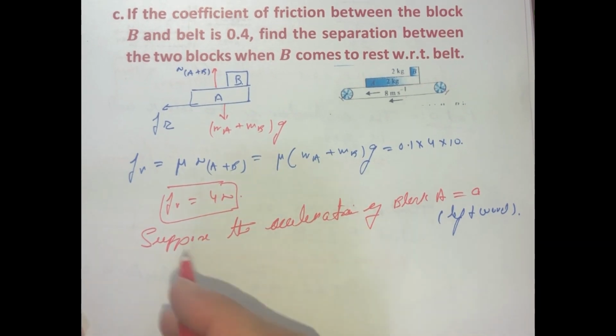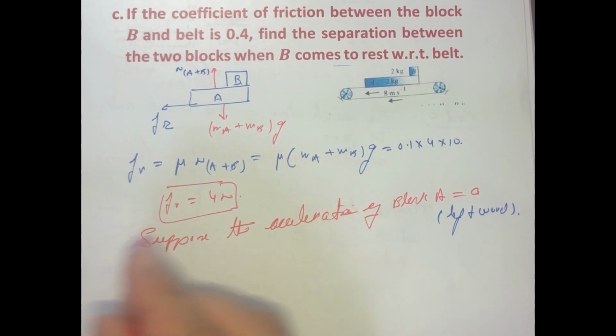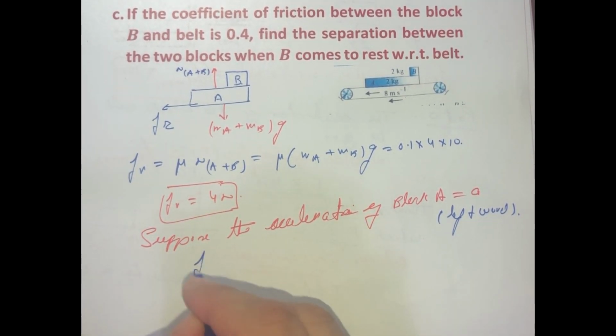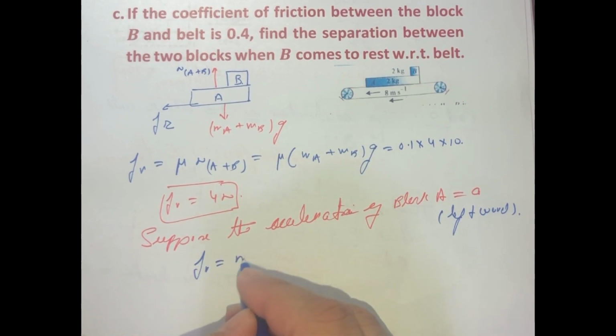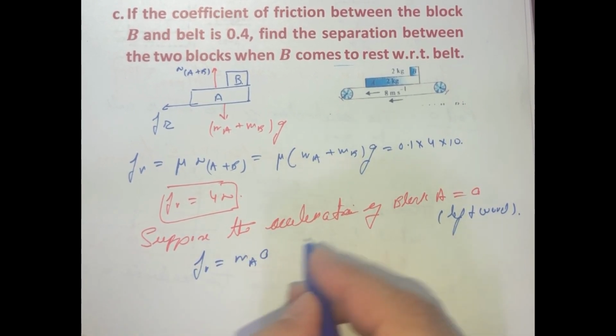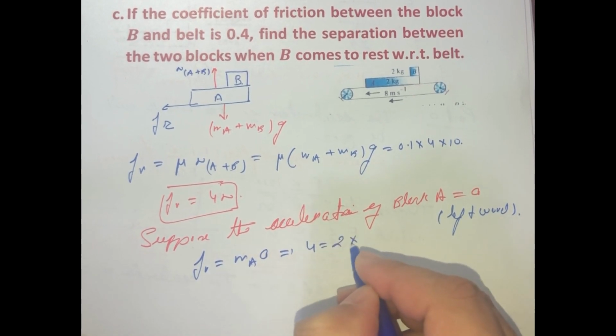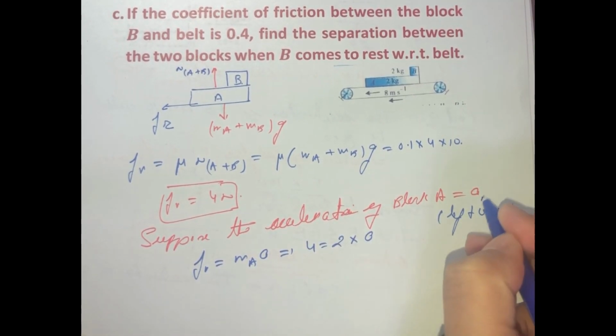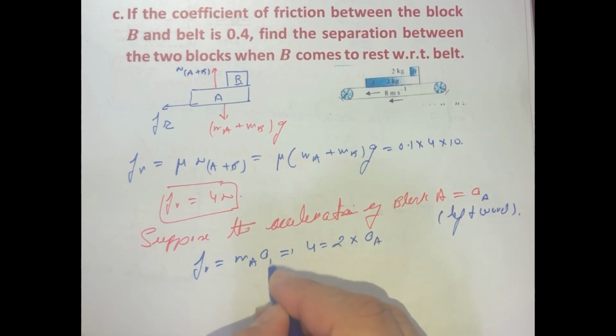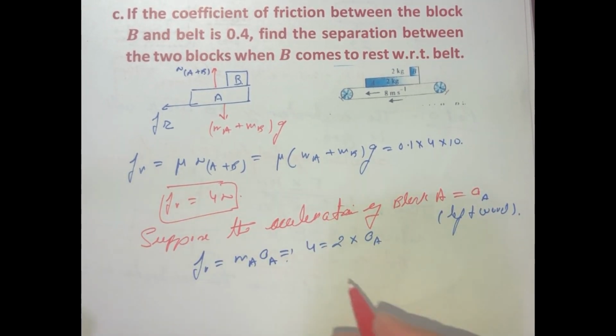So we can say that FR will be equal to mass of A multiplied with its acceleration. It is 4, mass is given as 2, and let us call this a. You can say that acceleration of A will be equal to 2 meter per second square.